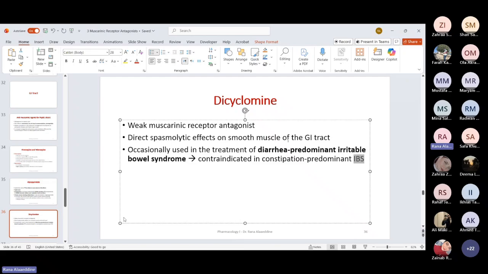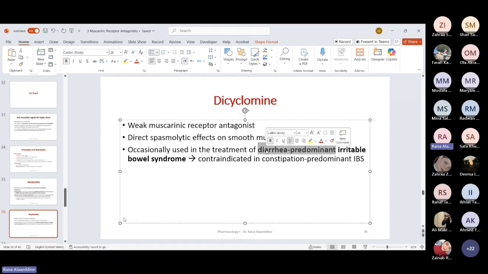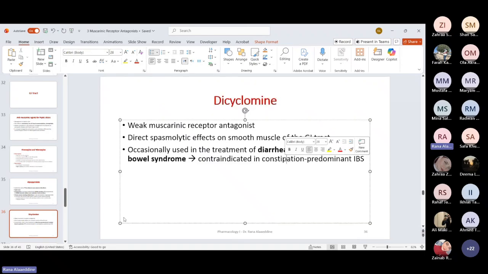If the patient has diarrhea-predominant IBS, they can take this drug and it will fix their diarrhea. Because now the intestines do not move anymore, the diarrhea will stop. But if an IBS patient has constipation, it's really a bad idea to give dicyclomine. I don't give it to patients who have constipation because their constipation is going to be worse.